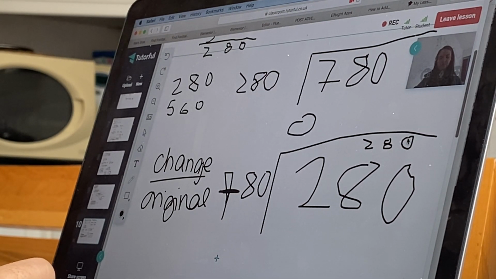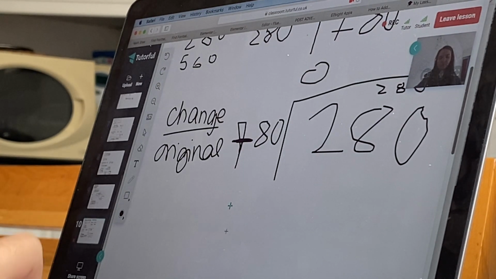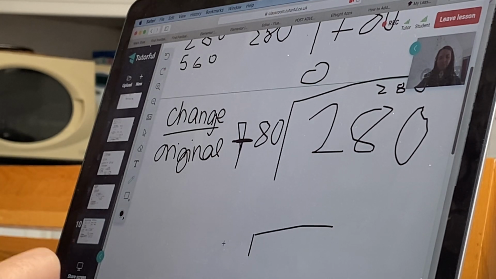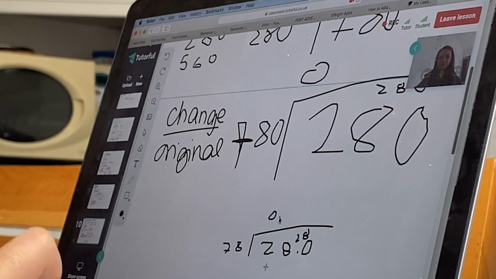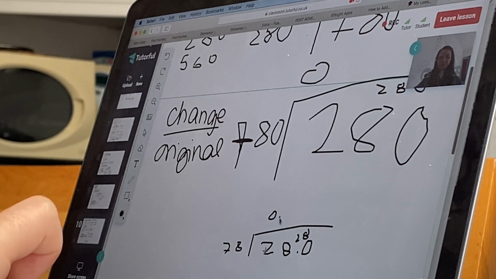I think it may be easier to try a different method for dividing here. Or we could try getting rid of those zeros on the end and just doing 28 divided by 78. So now we're saying that 78 goes into 2 0 times.